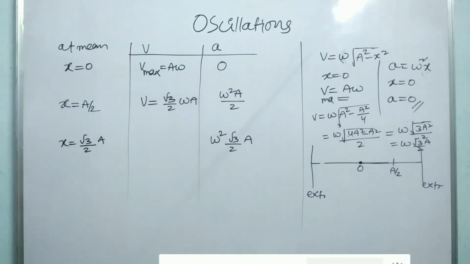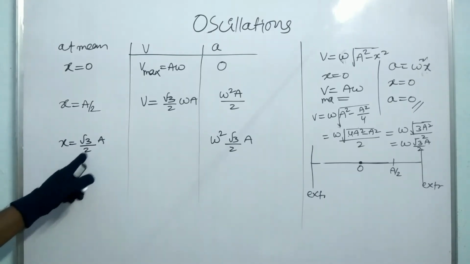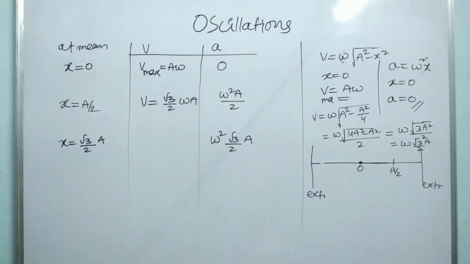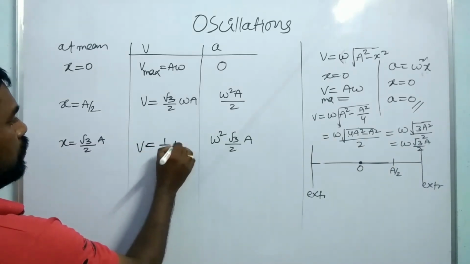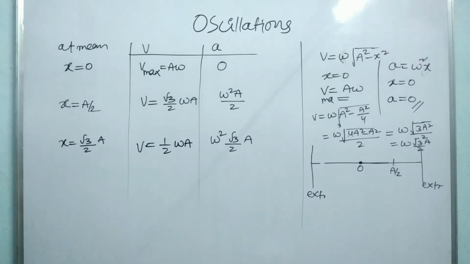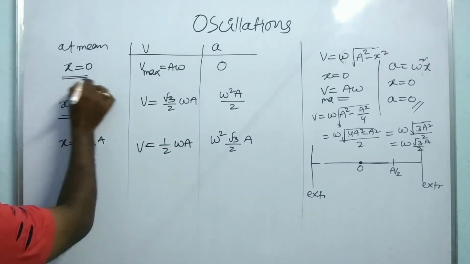So that is the acceleration value. If it is root 3 by 2, then you can write V is equal to 1 by 2 omega A. So these are the different values at different positions of the particle.